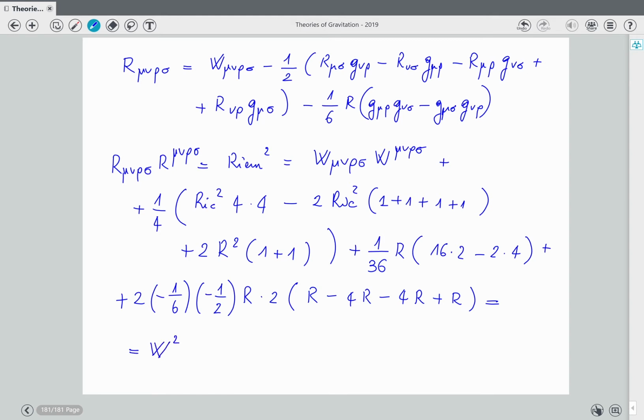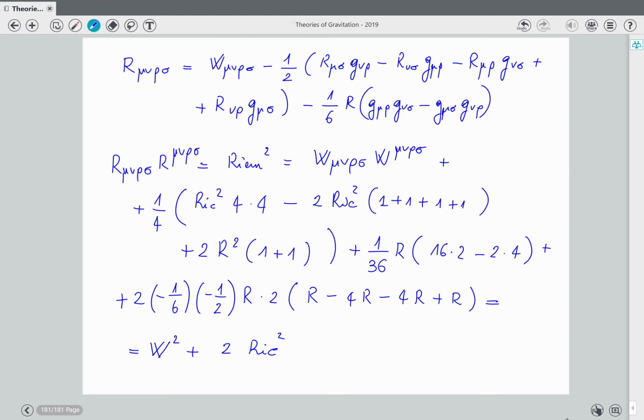So Riemann squared is Weyl squared. Then there is a Ricci squared multiplied by what? 4 times 4, 16, minus 2 times 4, 8, which is 8 divided by 4, 2. That's correct.